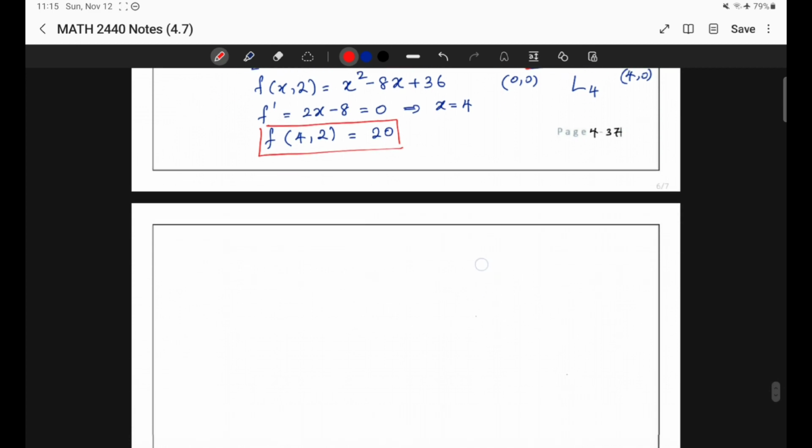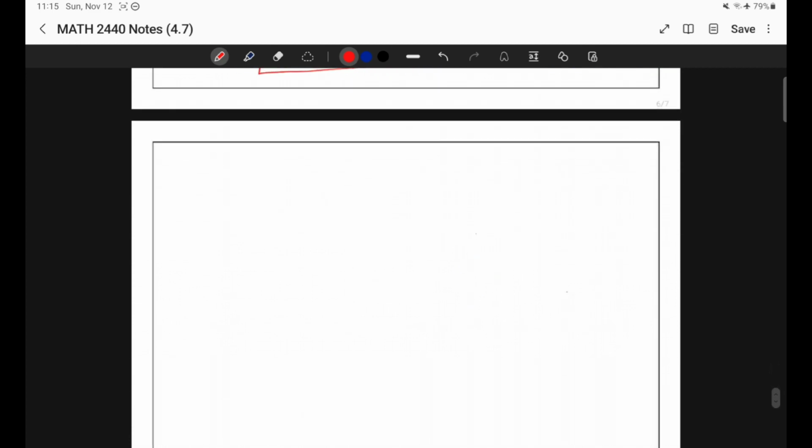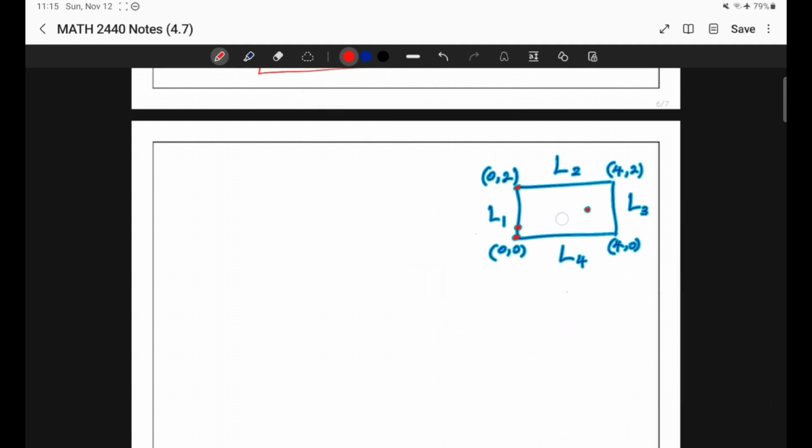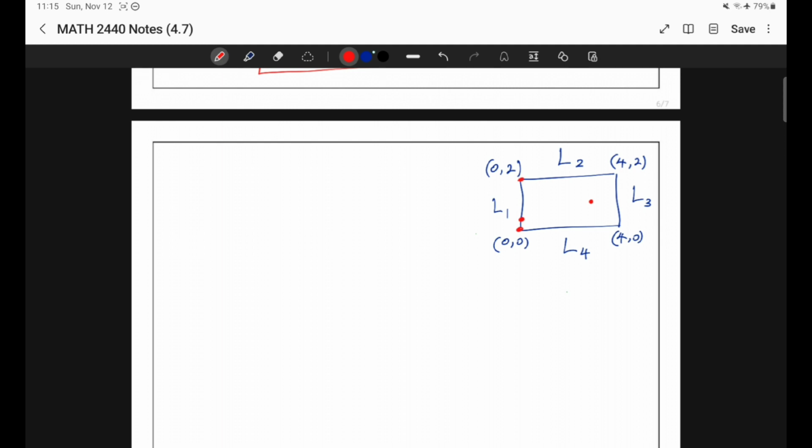Now we are moving to L3. It's again a vertical line, meaning x value is fixed. It's 4. Y is in between 0 and 2. Plug this x equals 4 into the function and simplify.